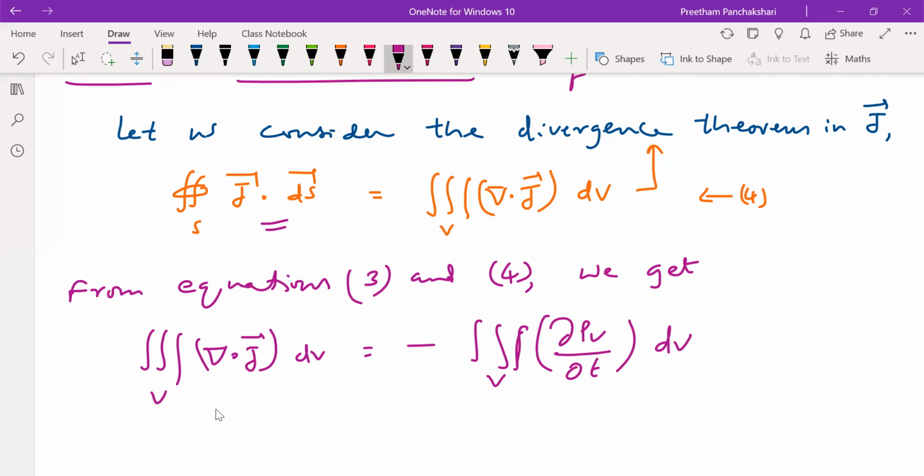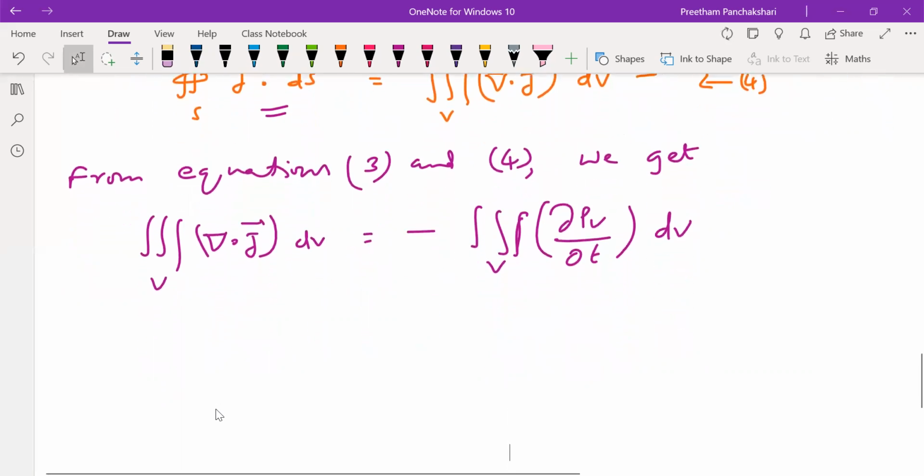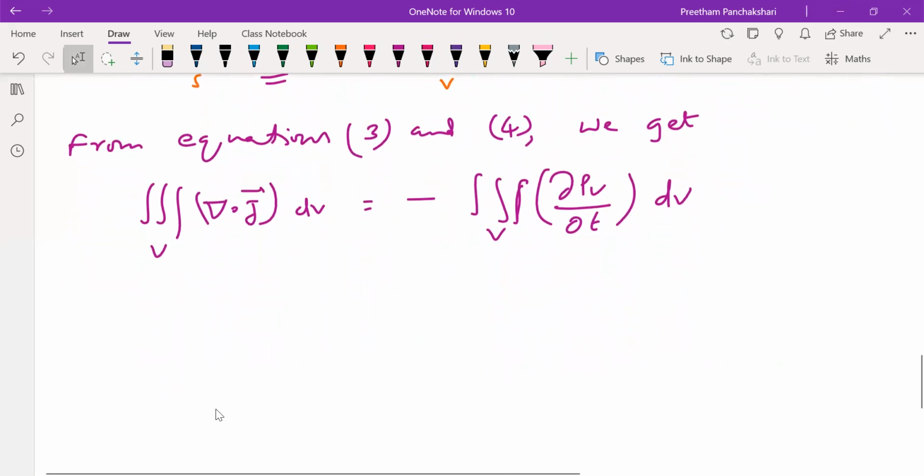Now, this equation is applicable to a volume V enclosed by a closed surface. If I assume a very small volume, then this equation is also applicable, because the continuity equation of current is applicable to any volume enclosed by a surface.